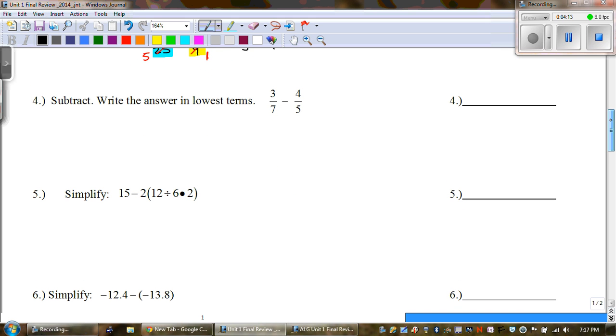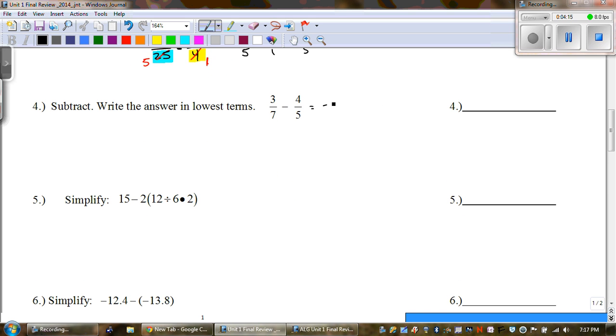All right, number 4. If I see this on anyone's paper, I'm going to cry, okay? You can't just subtract straight across because we have to make sure that the denominators are the same. So we need the lowest common denominator. And the way that we said to do that is you can just start listing all the multiples.